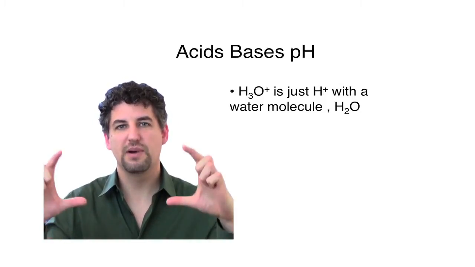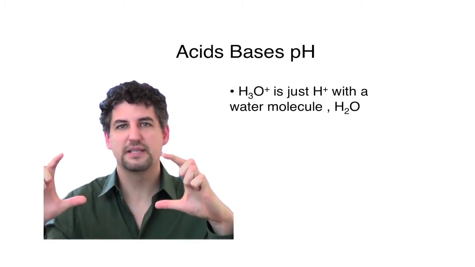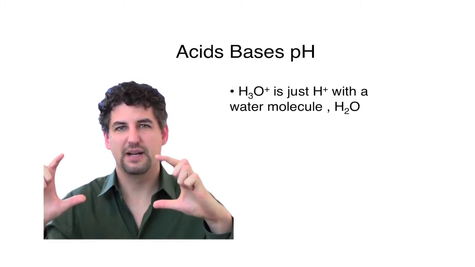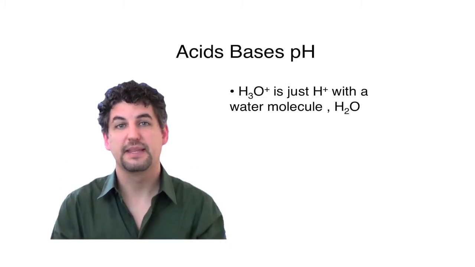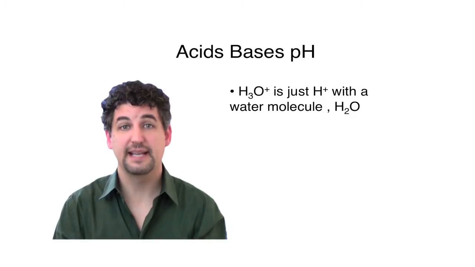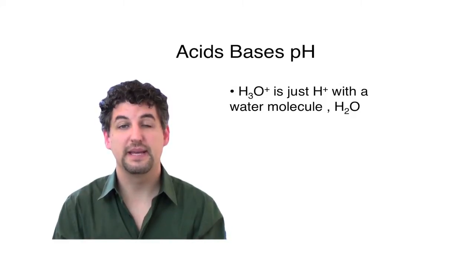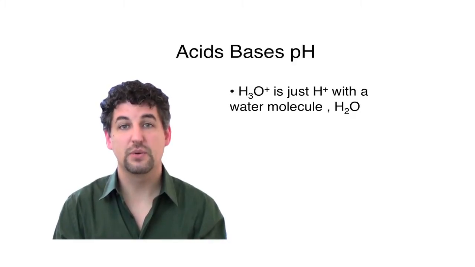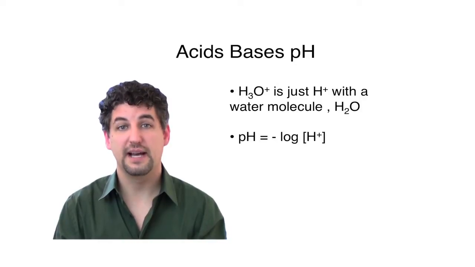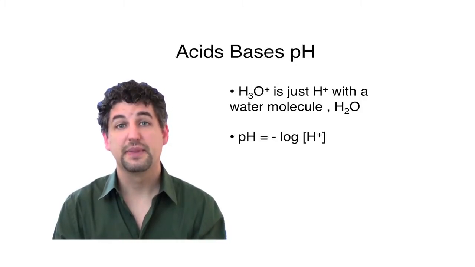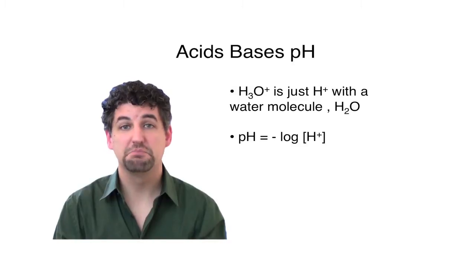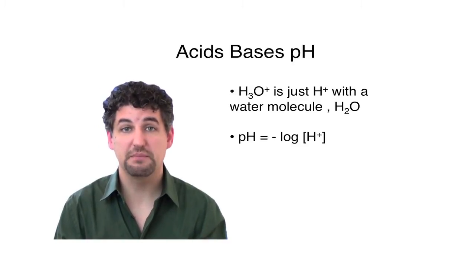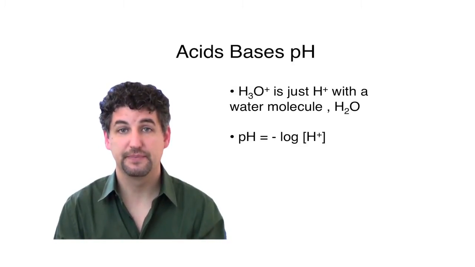So if you see square brackets around H+ or around H3O+, that's telling you the concentration of the acid. And the pH is based on a logarithmic scale based on the concentration of acid. Now the actual equation is pH equals the negative log of the hydrogen ion concentration. And remember, H+ and H3O+ are the same thing when using this equation.